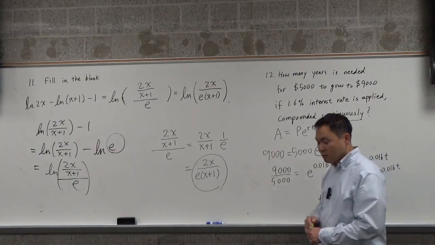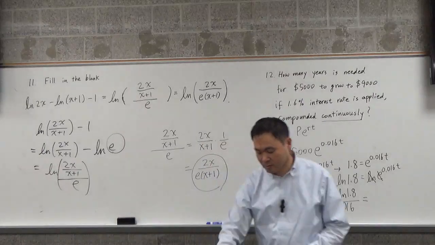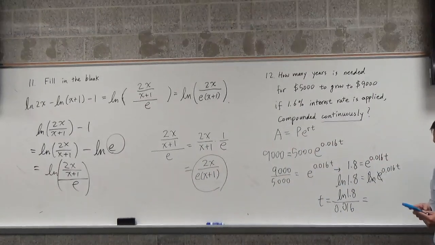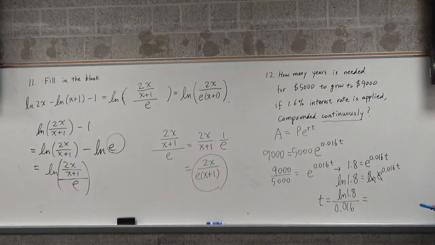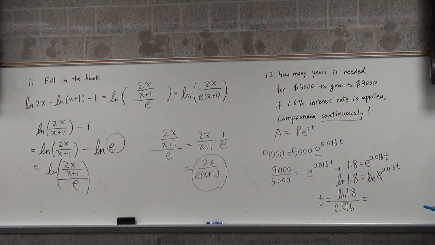Okay, let's see what that is. ln of 1.8 divided by 0.016 gives you 36.7 years.